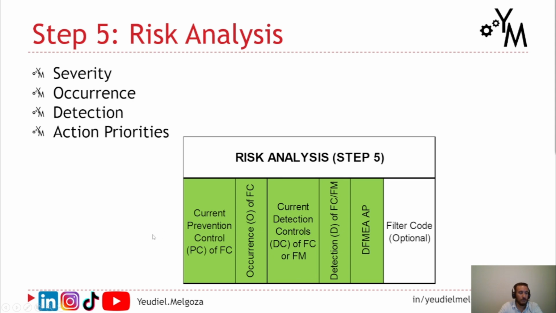And finally, the action priority is the priority ranking based on severity, occurrence, and detection to guide risk reduction efforts. This column that is optional is a filter code. It is just a kind of internal code that is used in your organization to sort or categorize each of the FMEA records. This is optional.